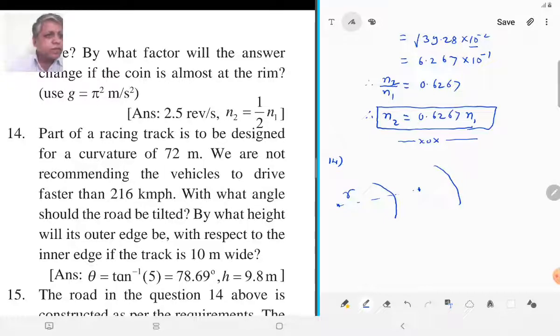The road surface is tilted with the horizontal level. This is the angle of inclination.